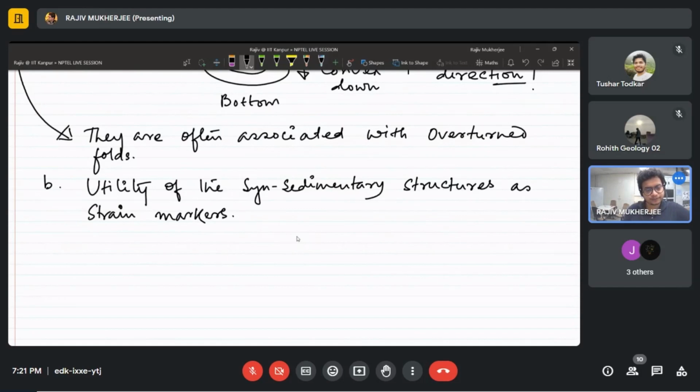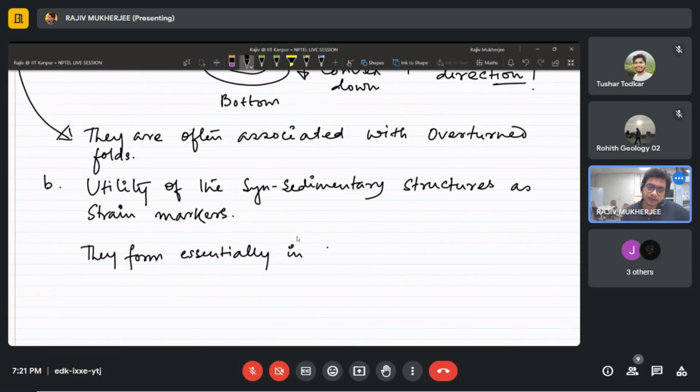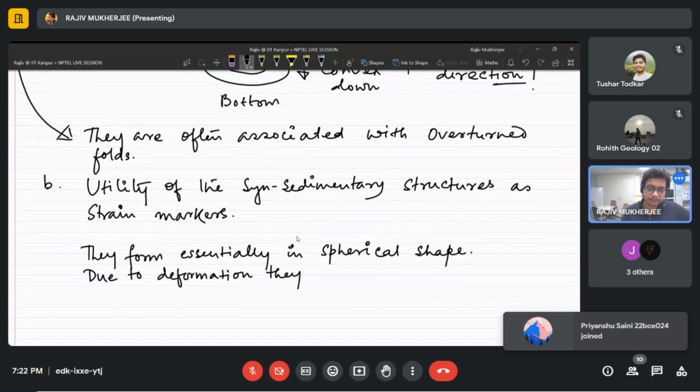So they form essentially in spherical shape, and due to deformation they become elliptical, right?